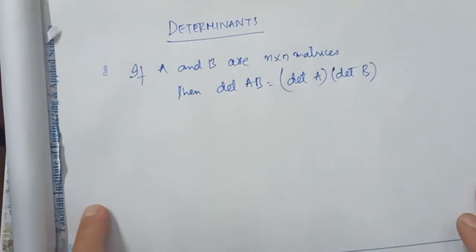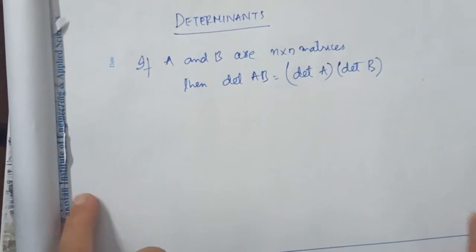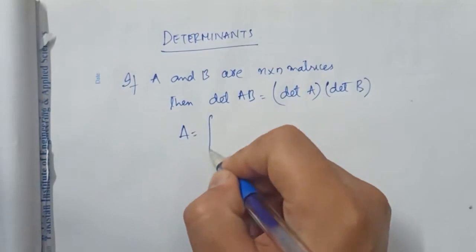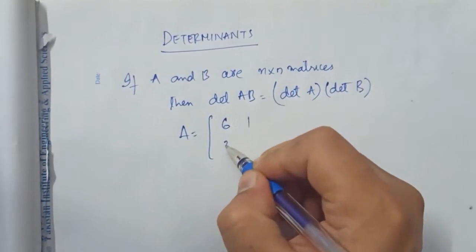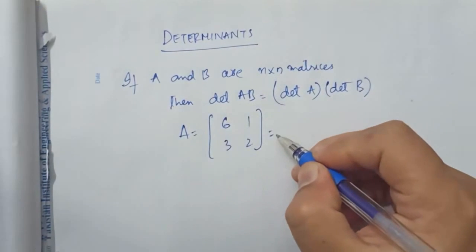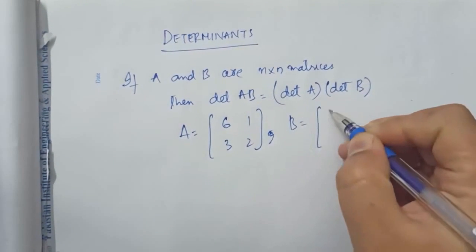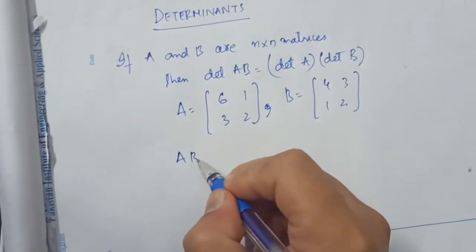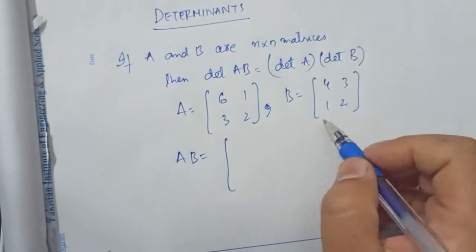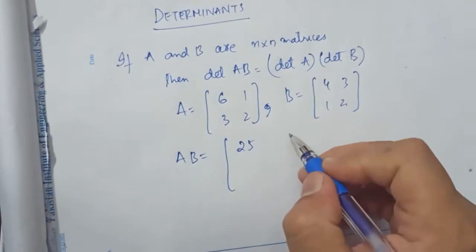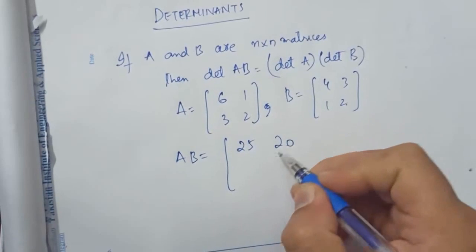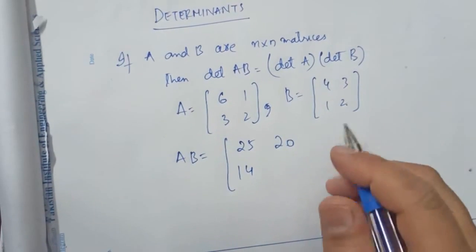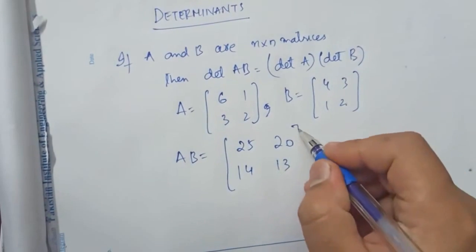Okay, now you can simply start proving that with a 2 by 2 matrix. So the matrix A is a 2 by 2 matrix, 6 1 3 2, and there's a B matrix which is 4 3 1 and 2. So if you multiply A with B, you get the answer 25, 20, 14, and 13, right?